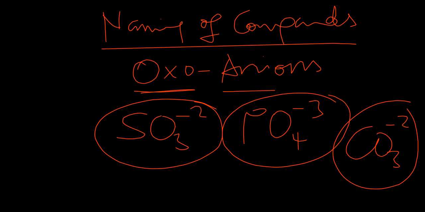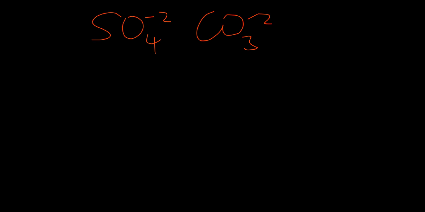So let's write these oxo-anions. SO4 minus 2, CO3 minus 2, and let me add another one, PO4 minus 3.